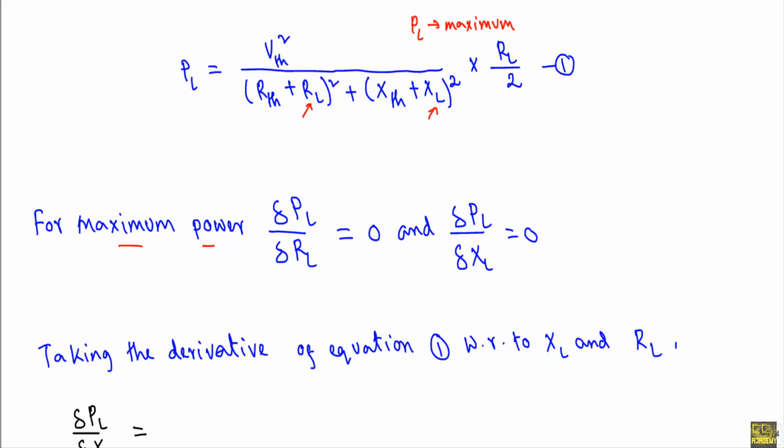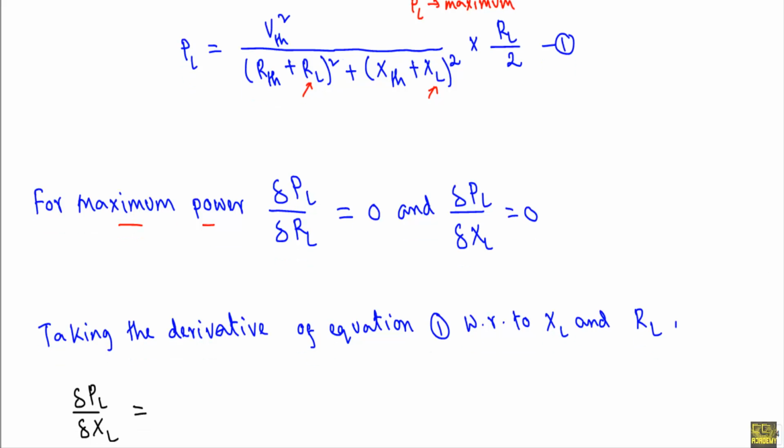So if I take the partial derivative of equation 1 with respect to XL, I will get delta PL over delta XL, and for maximum power this will be equal to 0. Okay, so if I take that, see here VTH square into RL over 2 will be constant. So here I will get VTH square into RL over 2.